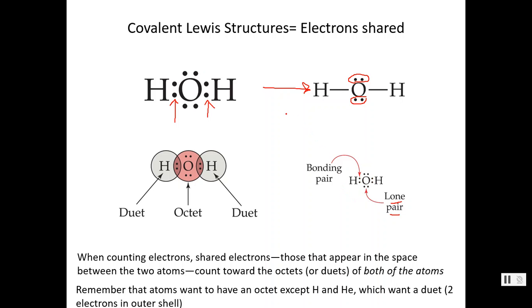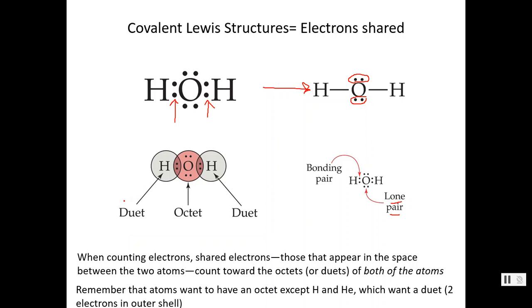These terms of bonded pairs and lone pairs are going to be important because you're going to need to look at a Lewis dot structure and say something about how many lone pairs of electrons are on the central atom and how many bonded pairs are attached to the central atom.